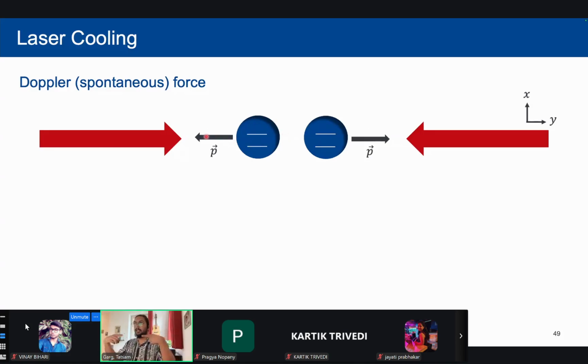And you shine lasers from both sides, therefore. What you want to do is engineer the laser such that this laser will only talk to this atom because it's counter-propagating, and I want this laser to only talk to this atom. What's useful now are Doppler shifts, right? Because if this atom has a motion in this direction, it's going to see blue shifted light, so light shifted to a higher frequency from this laser.